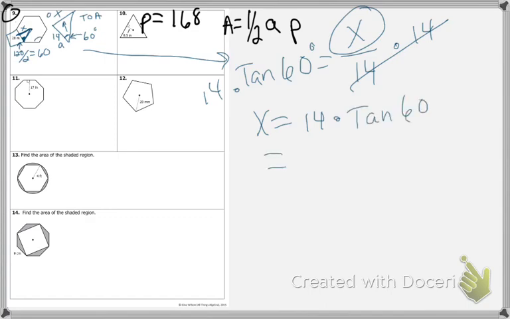This ends up being 24.25. My apothem is 24.25.